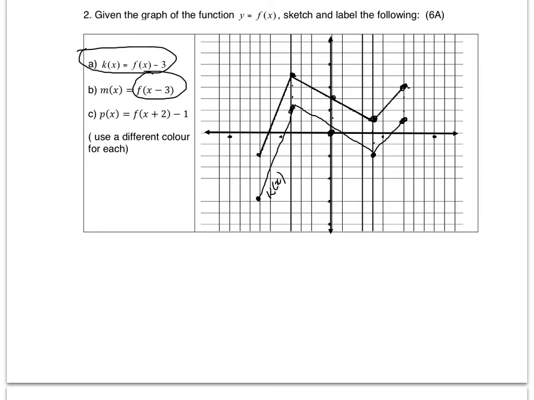So again, I do the same thing. I start with this point at the bottom, so I go 3 units right. 1, 2, and 3. 3 units right. So I'm going to end up somewhere around here.